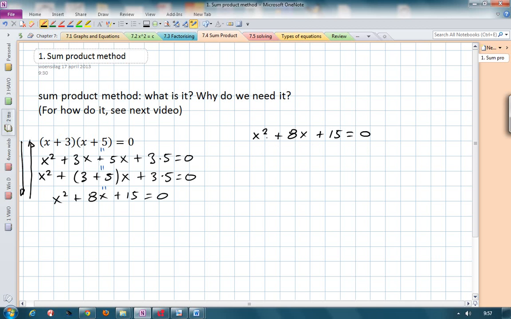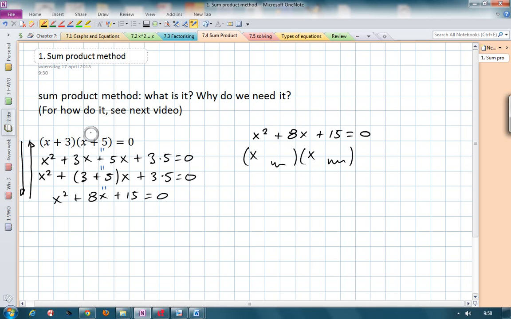If I wanted to factor out this expression here, what I'd start with is at least write my two brackets. What I'd also do is write an x here and write an x here. And then what I'm looking for now is two numbers that I want to put here. Again, already we know that this is, of course, the result I'm looking for. But again, pretend that we don't know.